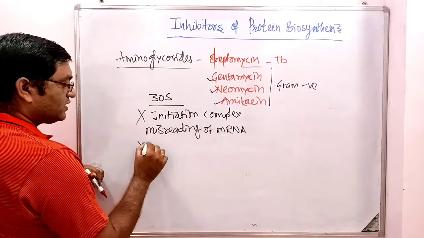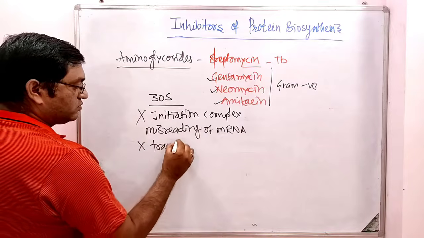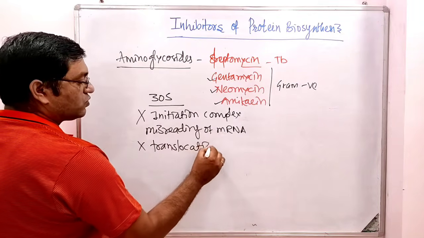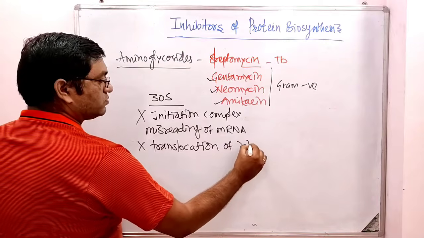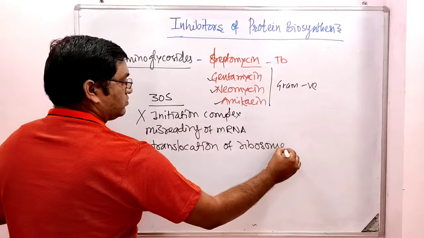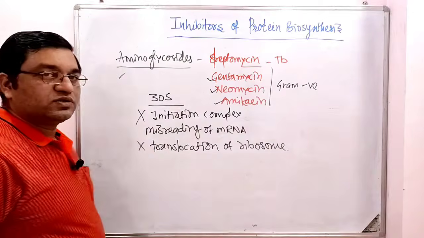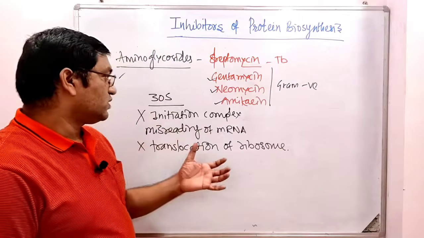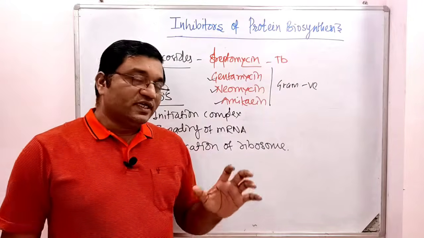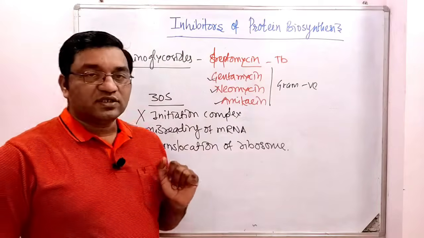Also they block the translocation of ribosomes. In this way, the aminoglycoside antibiotics will act. Okay, so these are prokaryotic inhibitors of the translation process.